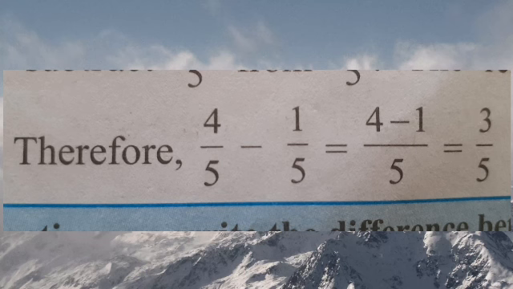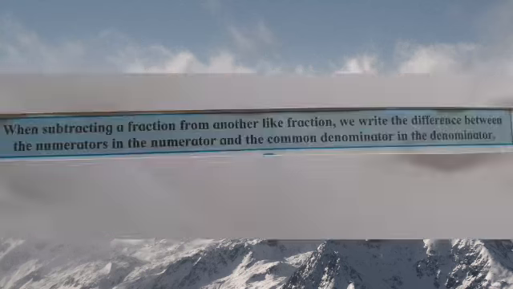It means that when we subtract a fraction from another like fraction, we write the difference of the numerators as the numerator and write the denominator as it is. Students, remember, when subtracting a fraction from another like fraction, we write the difference between the numerators in the numerator and the common denominator in the denominator.